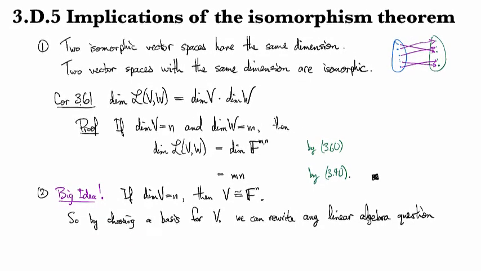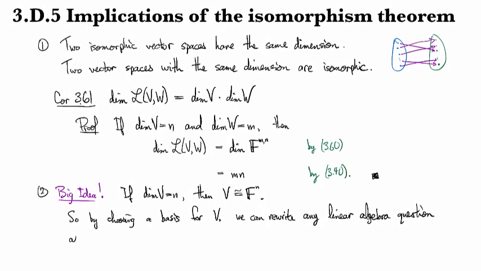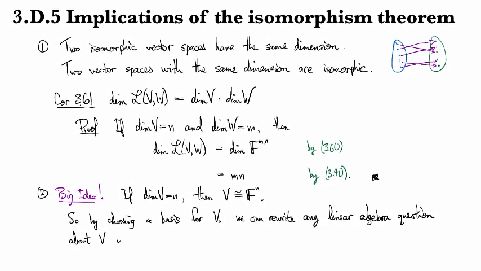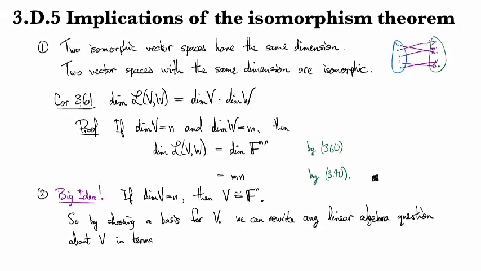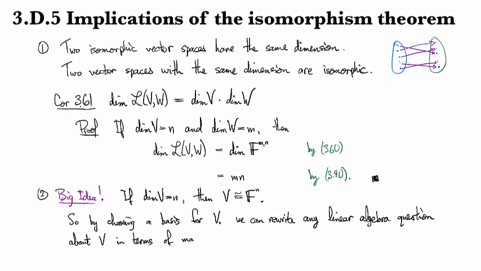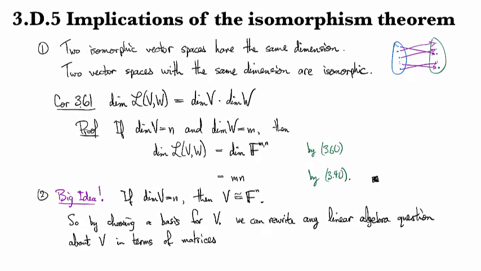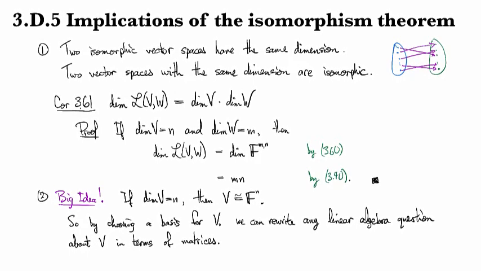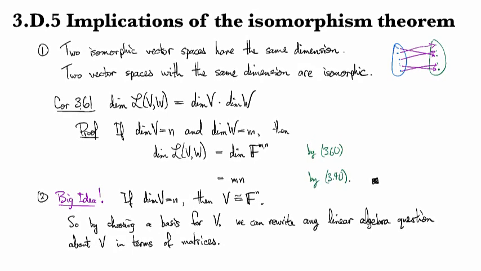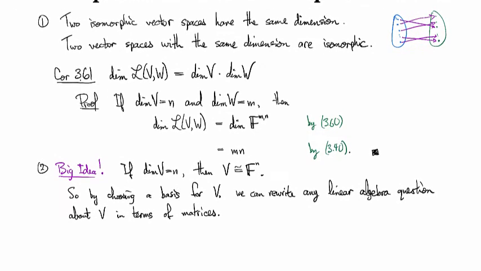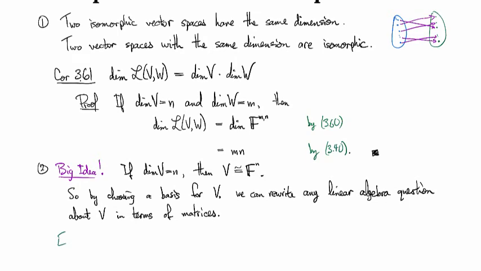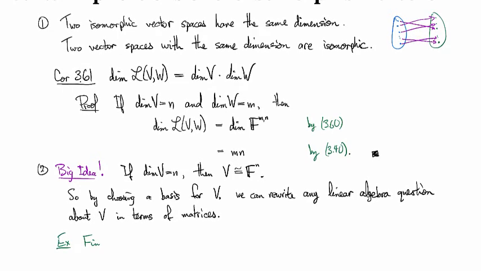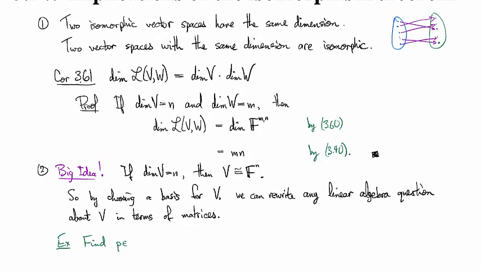We can rewrite any linear algebra equation about V or its elements in terms of matrices. So it gives us a very nice computational tool for writing problems down and working things out.